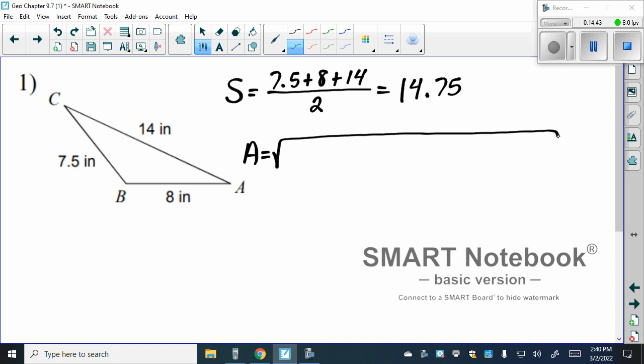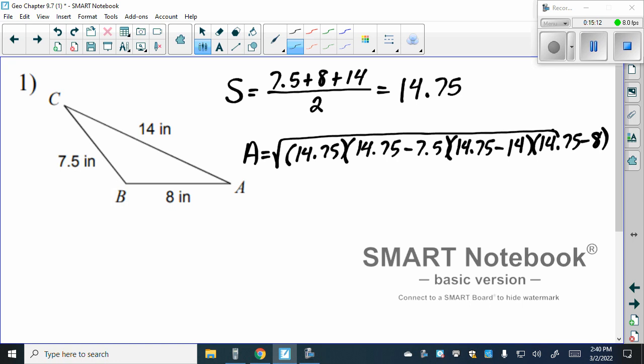So we have the square root of S, 14.75, times 14.75 minus A. Well, which side length is A? And then we have 14.75 minus B. And B is? And 14.75 minus 8, because that's the last side.